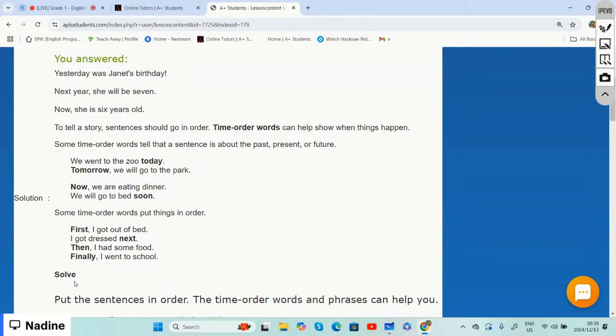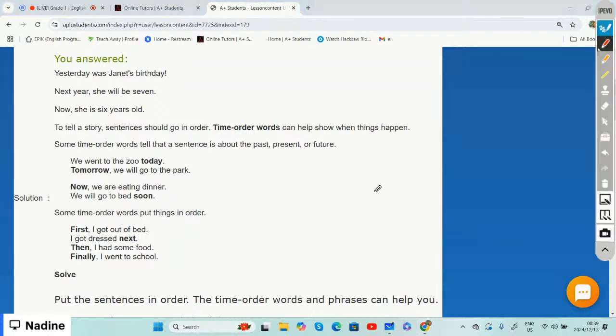And if you look at an example, it says here, yesterday was Janet's birthday. Next year, she will be 7. Now she is 6 years old, right? That basically shows our time order words.